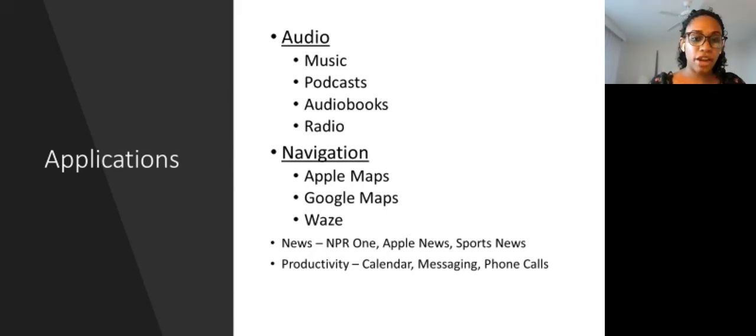There are also other apps you can look into, and I'll show you how to find some of them. Such as NPR One, Apple News, or Sports News. And for productivity, your calendar apps, of course, your messaging apps, whether they be WhatsApp, the stock messages apps that come on your phone, and your phone call applications.